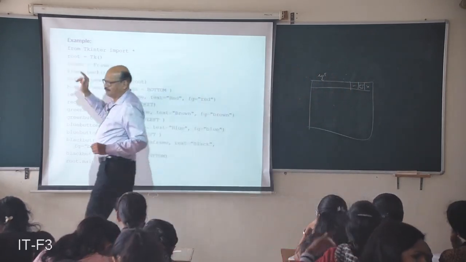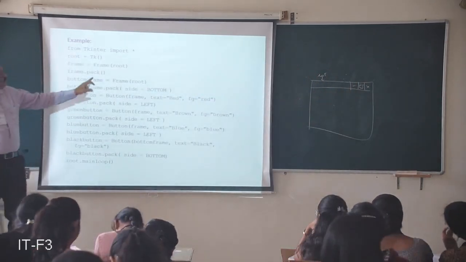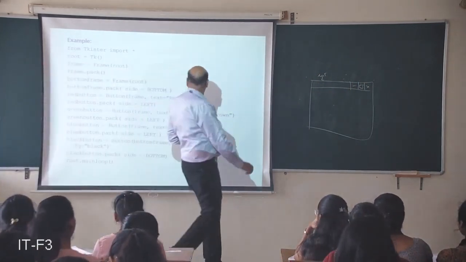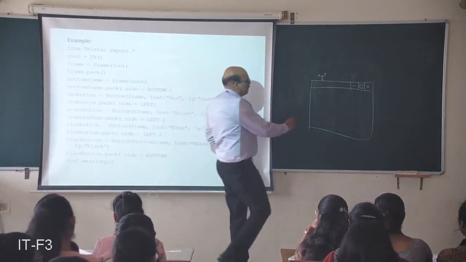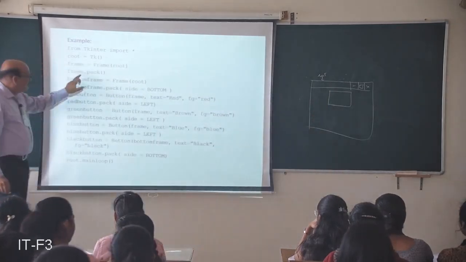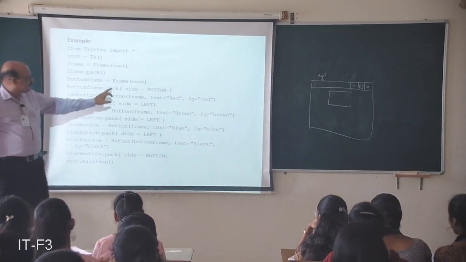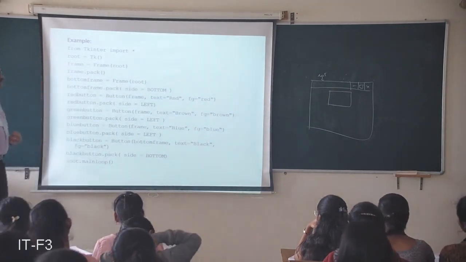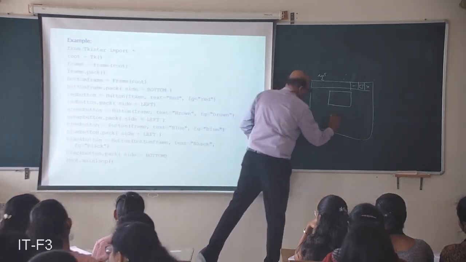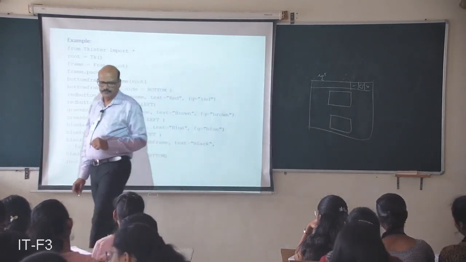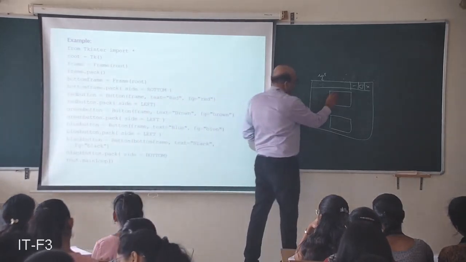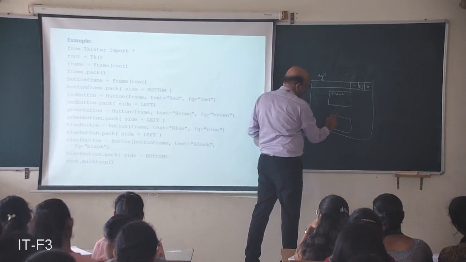Next, if you want to create a frame, you pass root. A frame will be created where we pack it, on the top center. Now we are creating another frame at the bottom. So another frame would be created at the bottom. This is the frame and this is the bottom frame.